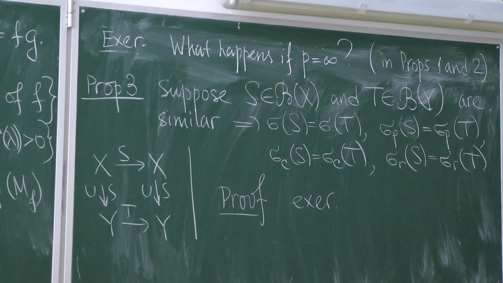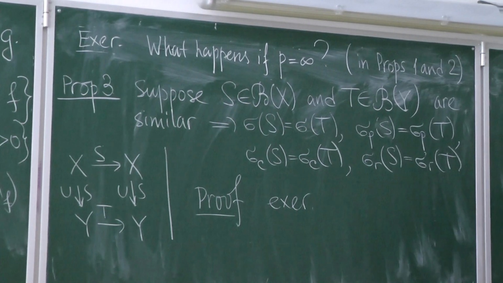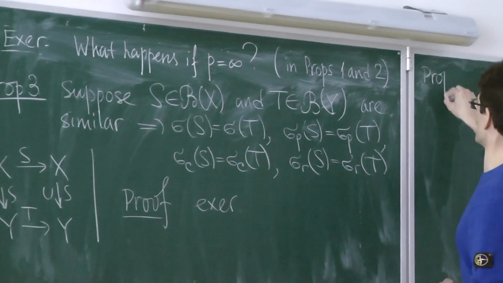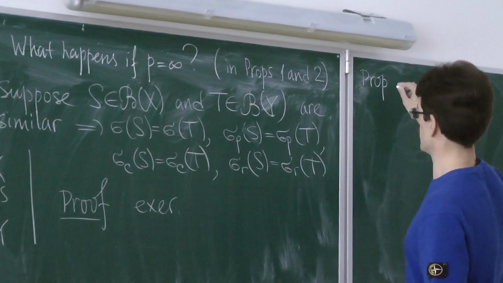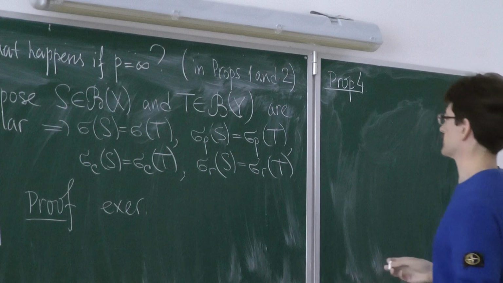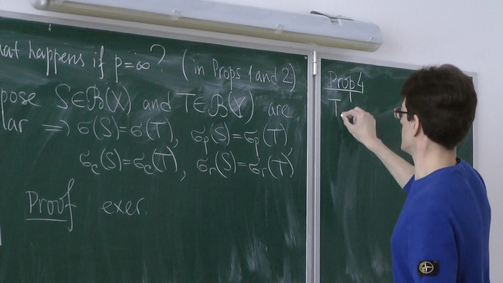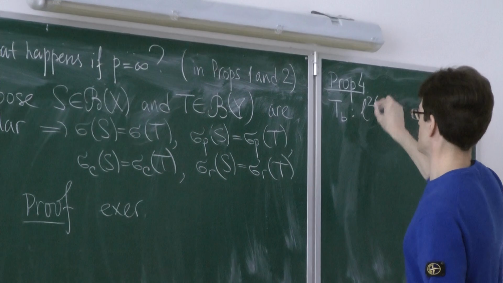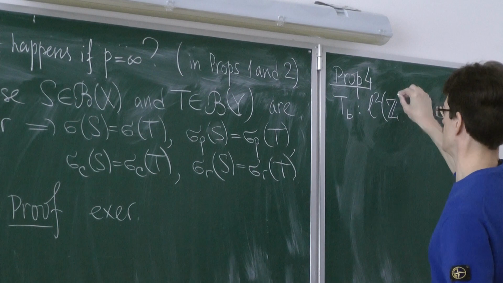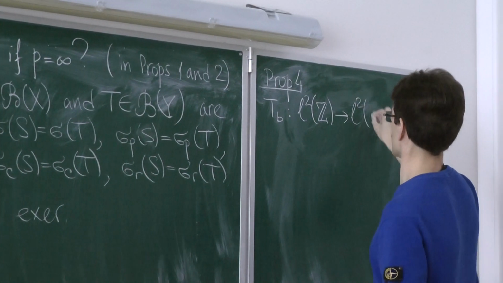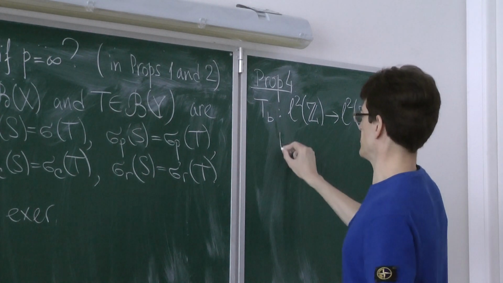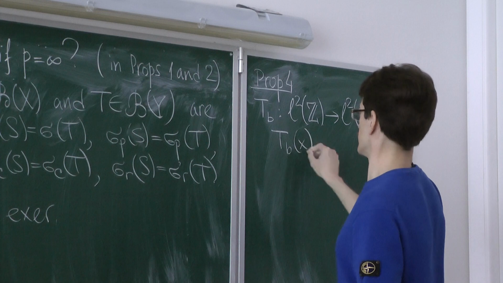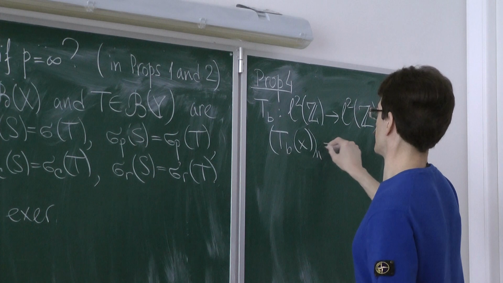Okay, as an application of this trivial result, let's calculate the spectrum of the bilateral shift operator. This is proposition 4. So we look at the operator T_B. This is the operator on the little l^2 space over the integers. And this operator acts by the following formula.